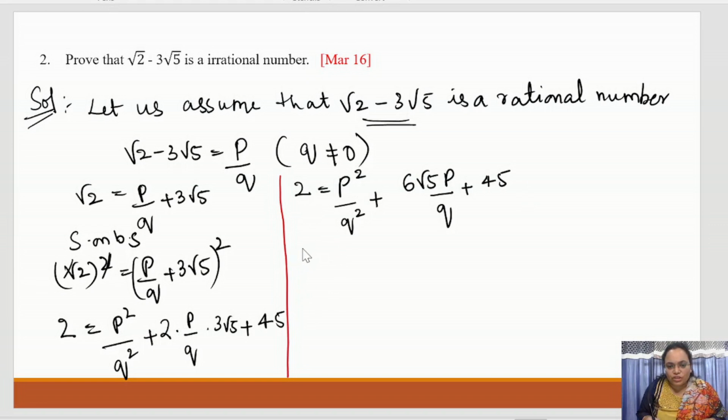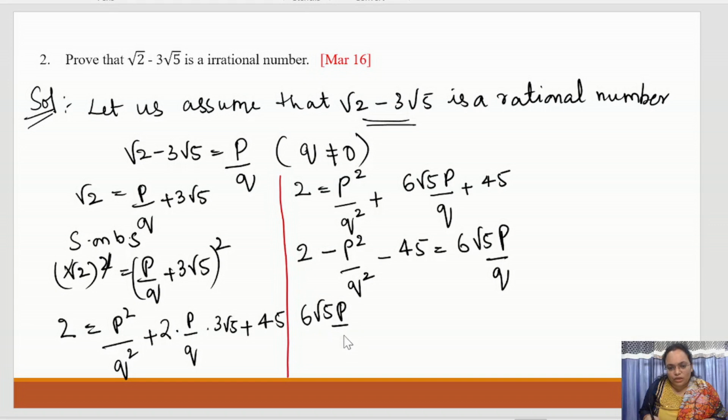Which is 2 minus, I'm just sending this term to LHS, p square by q square. I'm also sending this 45 to LHS, which is minus 45 equal to 6 root 5 p by q.